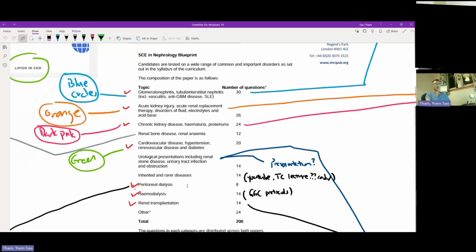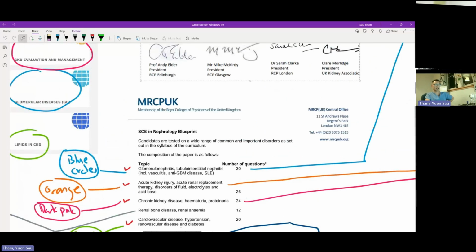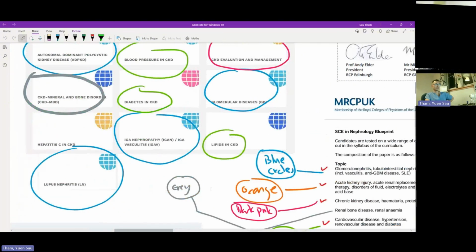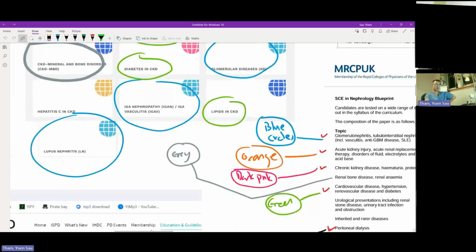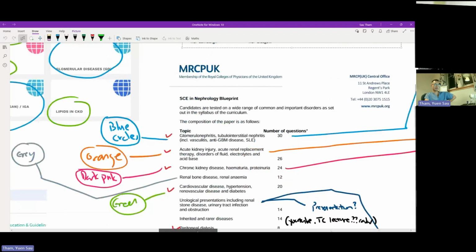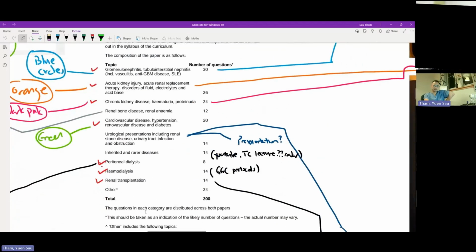Cool. So cardiovascular disease, hypertension, renal vascular, and diabetes. Diabetes is a big topic, and it's all here, all in green. Diabetes, blood pressure, and lipids, it's all there on KDIGO. So again, it's fair game, and questions will come up based on that. Then we come to the bits which are a little bit harder to find resources for.